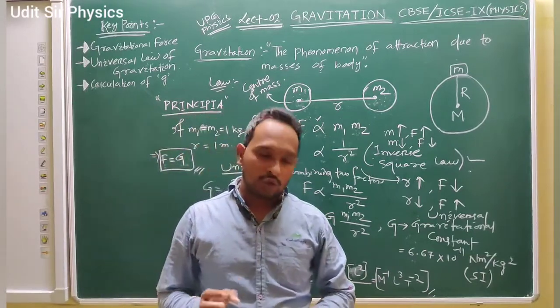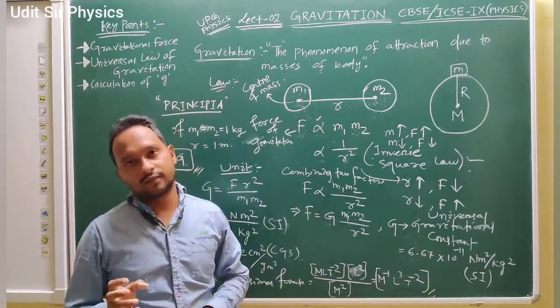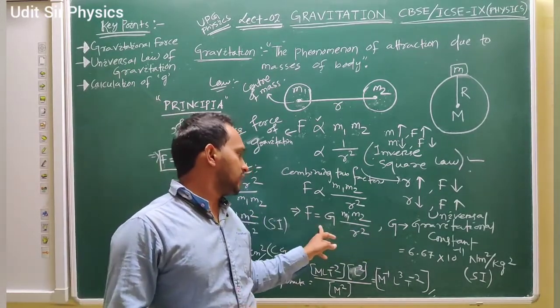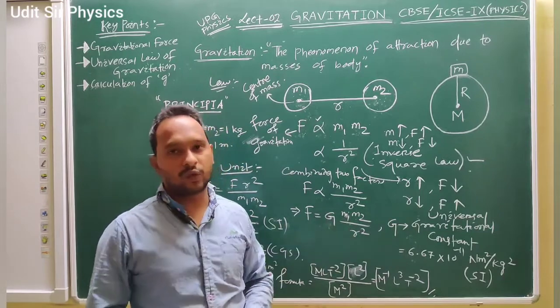Wherever you go in the universe, you can apply this formula, F equals G m1 m2 by r square.